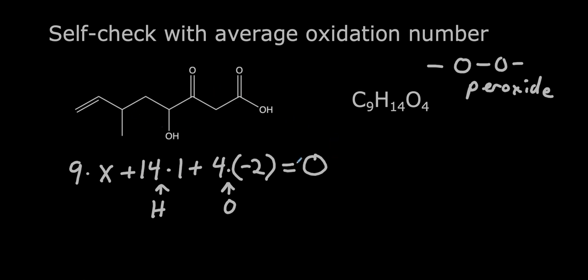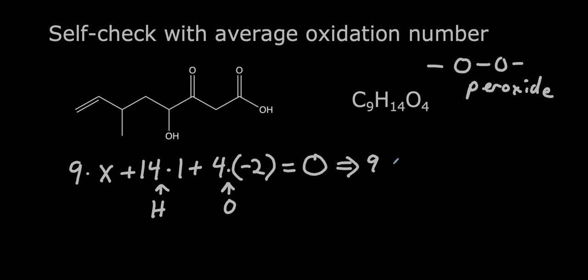So we have this. So now we do a little algebra. We're going to take this, and we've got 9x plus 14 minus 2 is equal to 0. Oops, let me redraw that.